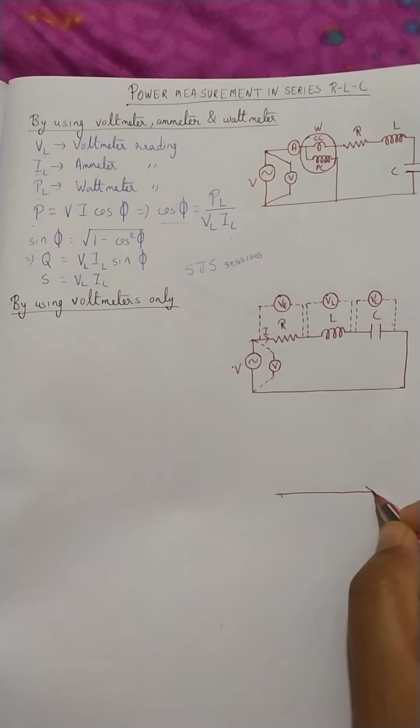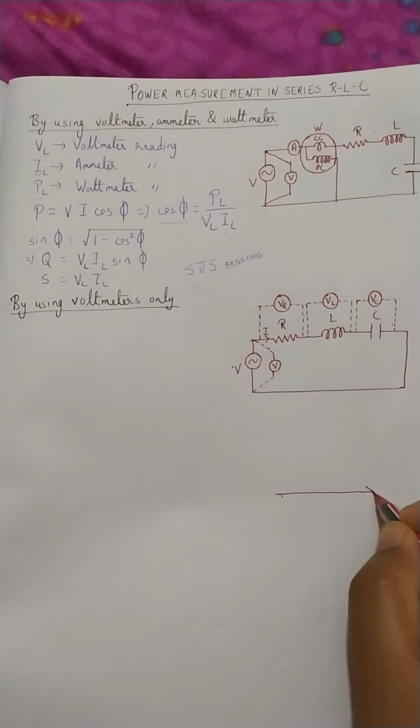What about VR? VR is the voltage across the resistor, so it should be in phase with I. Let us suppose this is VR. Now VL is the voltage across the inductor. In an inductor the current lags, so the voltage will be leading. Let us suppose this is VL.